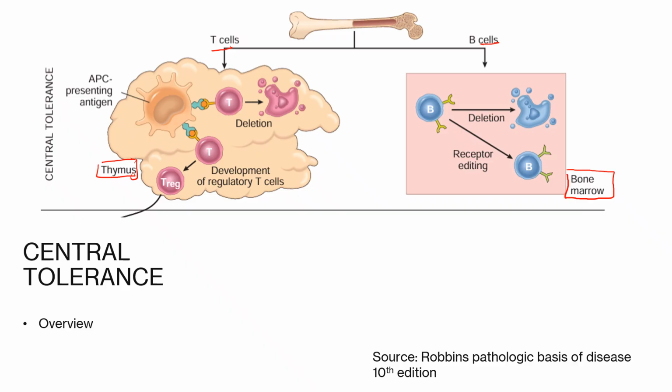The tolerance that they develop here is called central tolerance. Then what is peripheral tolerance? These two, the thymus and bone marrow, are called organs of maturation. That is the organs where these B cells and T cells mature.